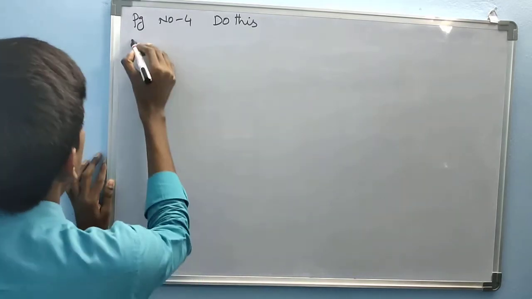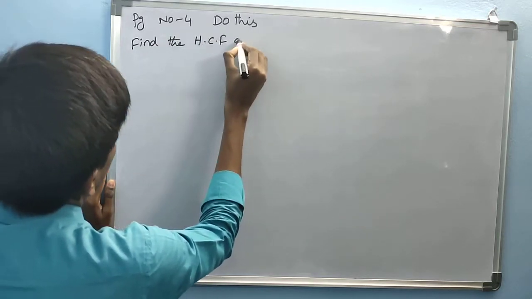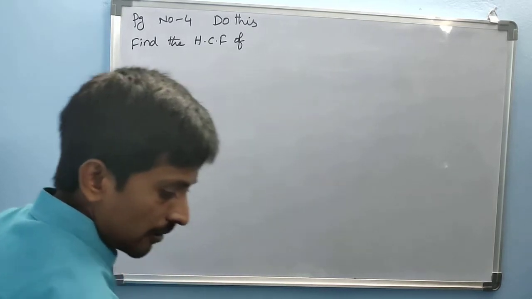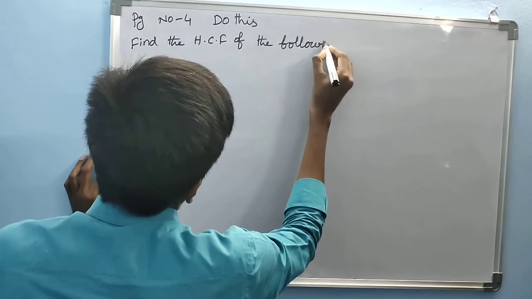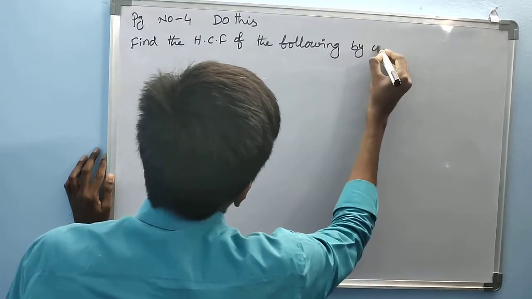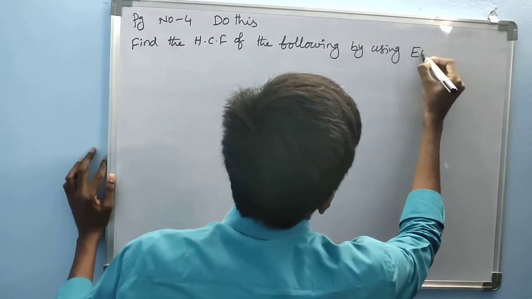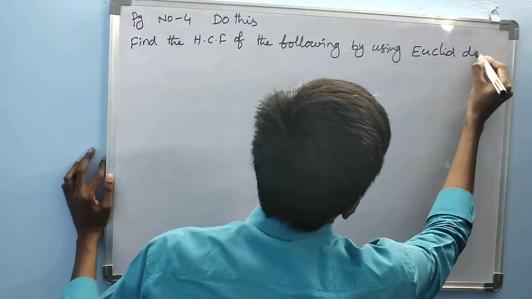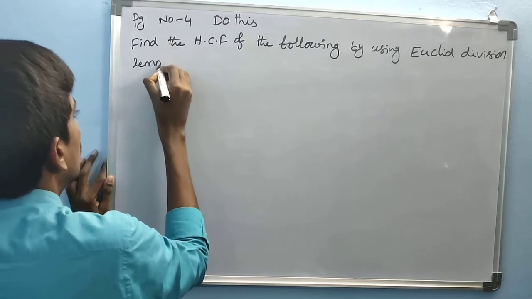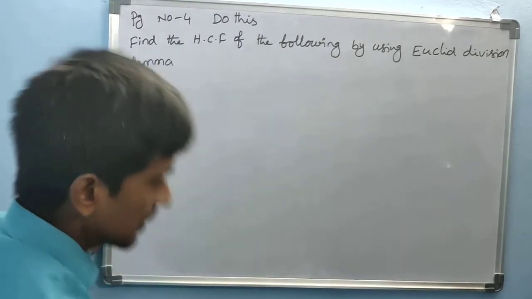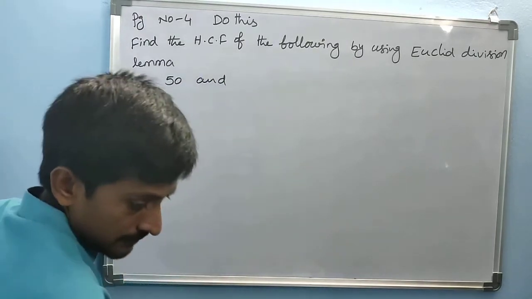Find the HCF of the following by using Euclid's division lemma. First one is 50 and 70.